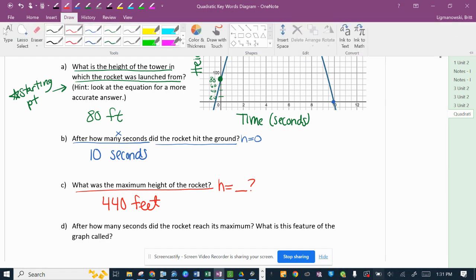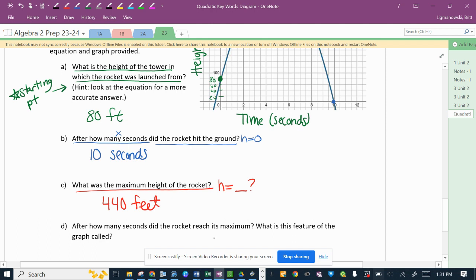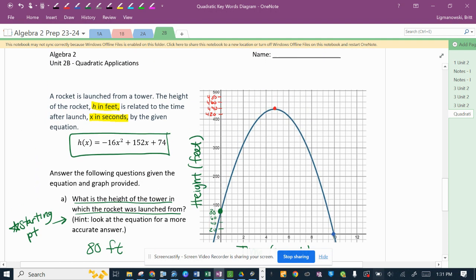After how many seconds did the rocket reach its maximum? So now we're looking at that same point, but now we're looking for time. So this is 5, because that's 4 and that's 6.